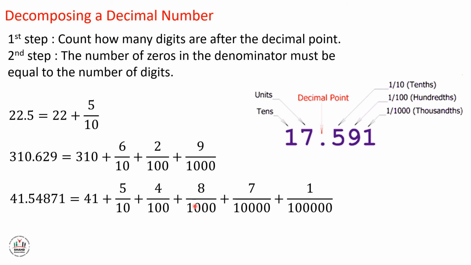So we write 3 zeros to the right of 1. So 8 over 1000, plus 7 over 1, 2, 3, 4. So we need to write 4 zeros to the right of 1, plus 1 over 1, 2, 3, 4, 5. So we write 1 over 1 and 5 zeros.